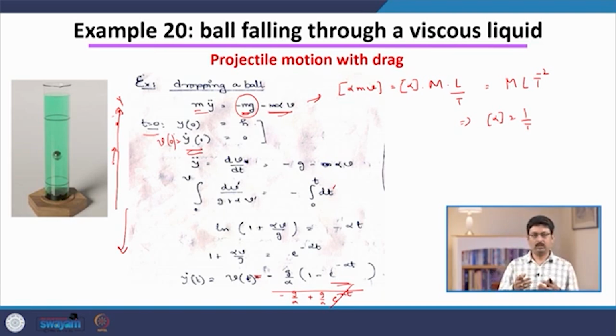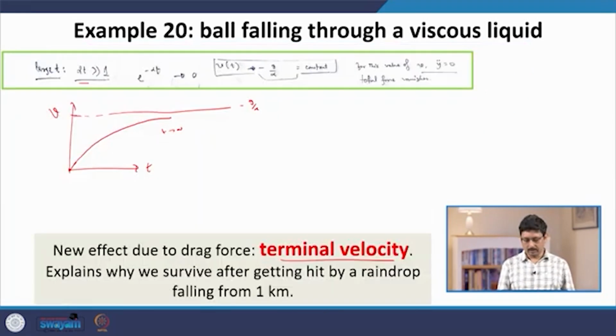So, the overall force on the object is much less than the weight of the object itself, and as the velocity increases, it gradually approaches a scenario where the two forces are equal and cancel each other. Then if the total force is 0, you expect the ball to move with a constant velocity, and this velocity is called the terminal velocity, which has this particular expression.